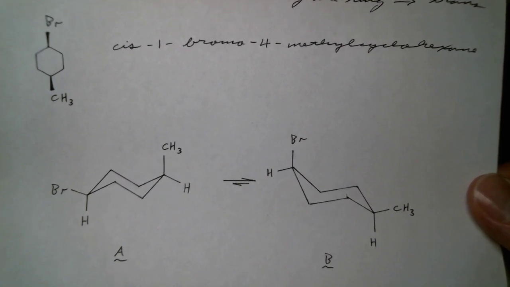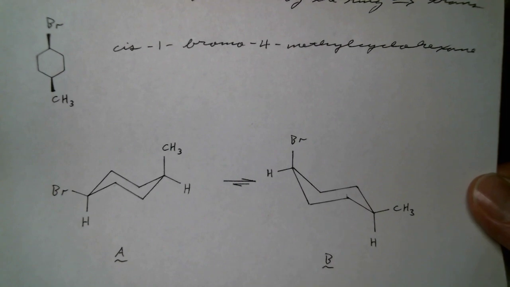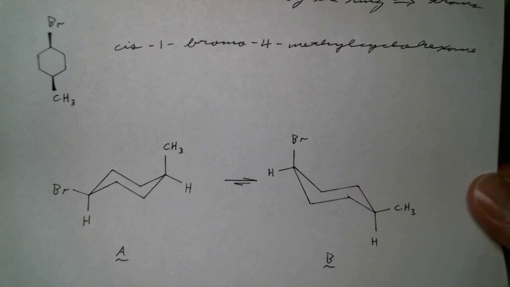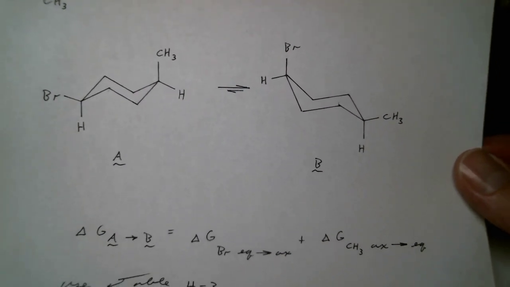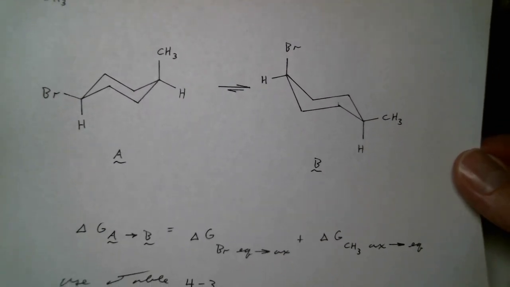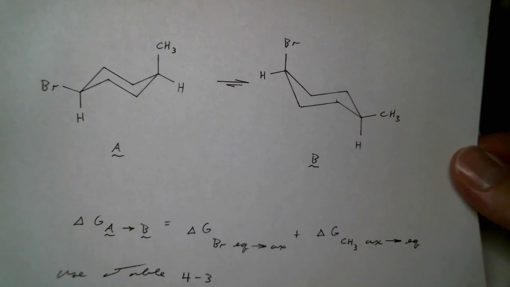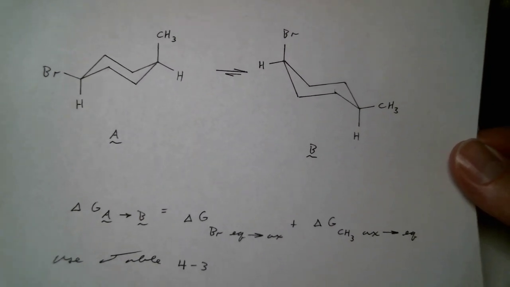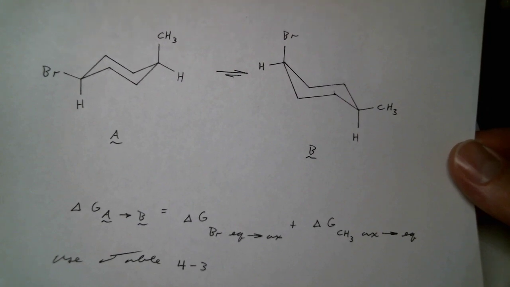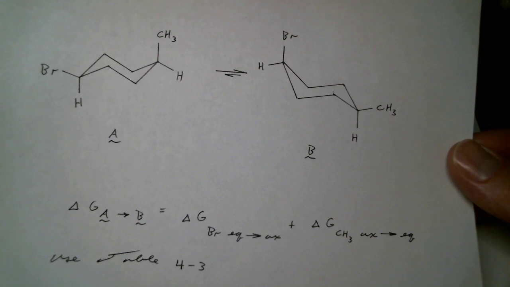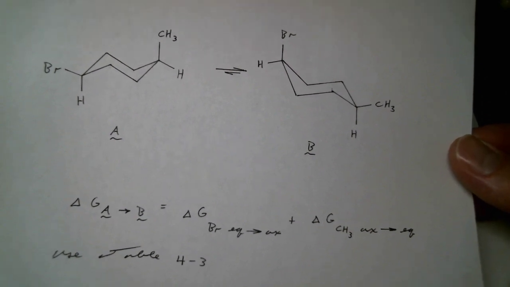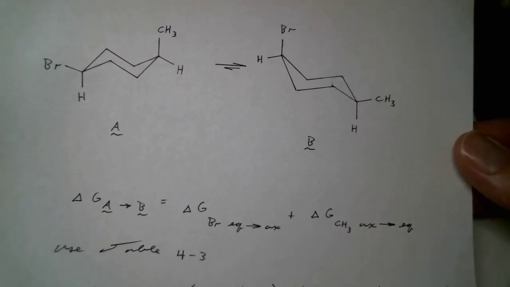In conformation B, we have the bromine atom in an axial position and the methyl group in an equatorial position. So the change in free energy on going from conformation A to B would be simply the change in free energy for bromine in an equatorial position going to axial, plus the change in free energy for a methyl group in the axial position going to the equatorial position.